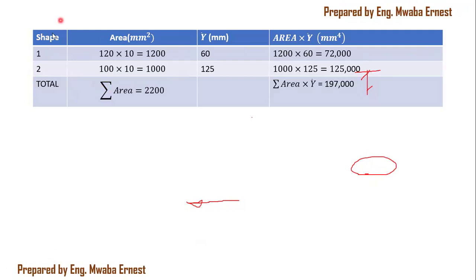So with that in mind, let's start with shape number 1. We said the dimensions are 120 by 10, giving us 1,200. Shape number 2, the dimensions are 100 by 10. And when you multiply those two, you end up with 1,000.